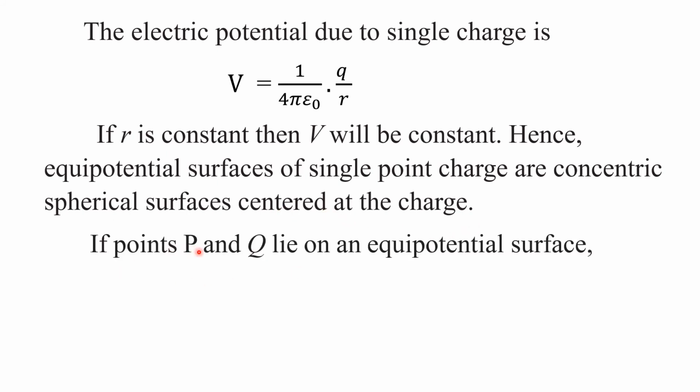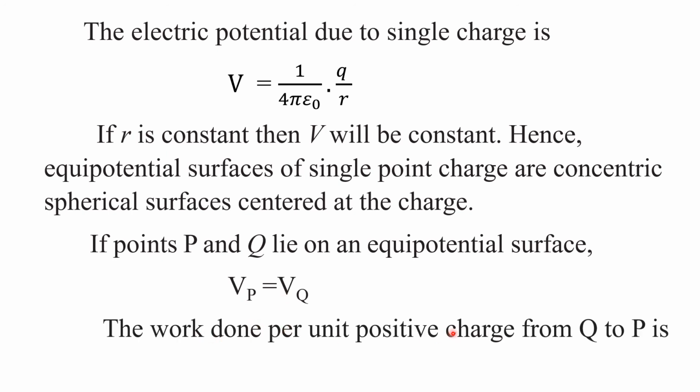If point P and point Q lie on an equipotential surface, therefore we can write Vp is equal to Vq. As we know, the work done per unit positive charge from point Q to P is given by WQP is equal to Vp minus Vq. As Vp and Vq are equal, the work done in moving the charge is zero.